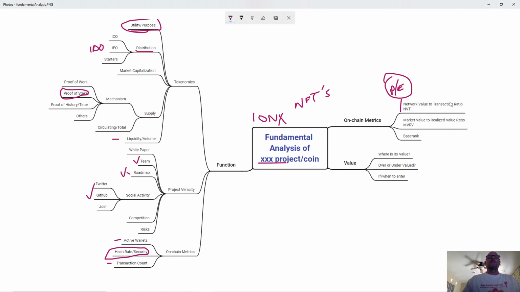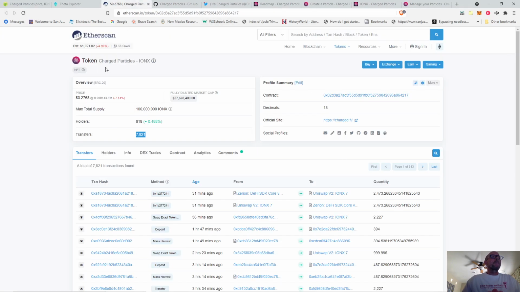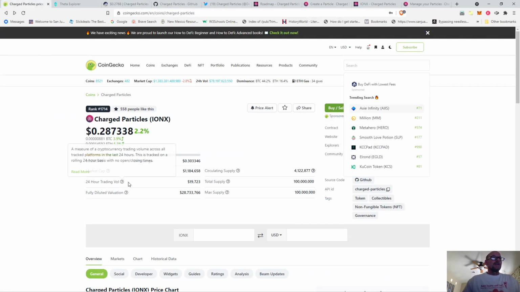No earnings here, but we can use transactions, and that's why you want that to be as low a number as you can without getting too low. So it's the value of transactions times the number of transactions, which is like 7,800 from that Etherscan. Yeah, we got 7,821, times its average price over that time, and that'll get you this number, right?